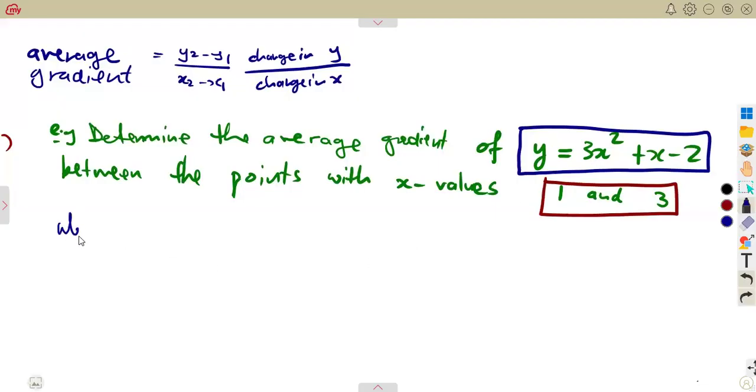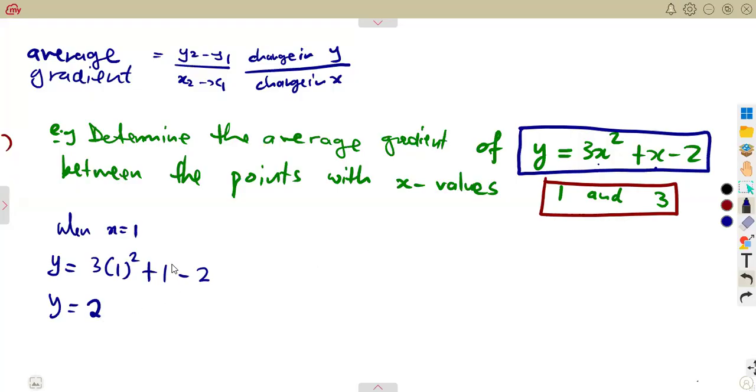So we are going to substitute. When x is equal to 1, what is the y value? So y is equal to what? Into the original function: 3 into 1 squared plus a 1 minus a 2. So that's why I was talking much about the first example that we had, because it must be from that function.